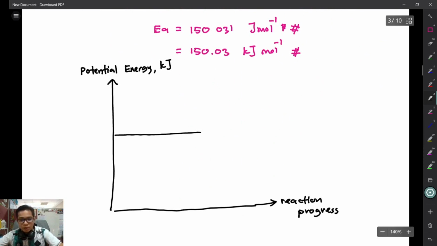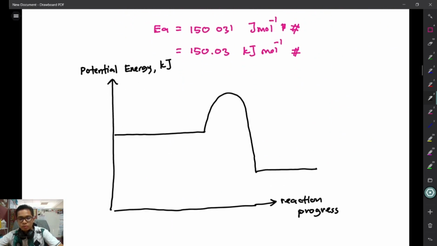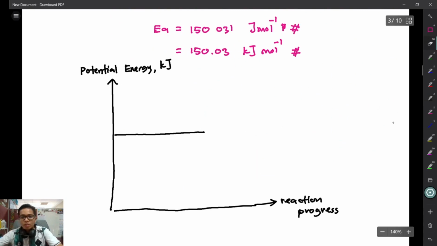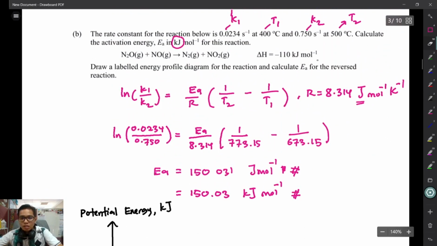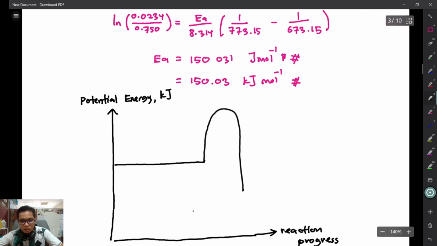So this is our reactant, then we have our hill for Ea, and this is the product. Seems like my Ea is larger than our delta H. Delta H is 110, Ea is 150, slightly higher. So increase my Ea, and delta H should not be too big.